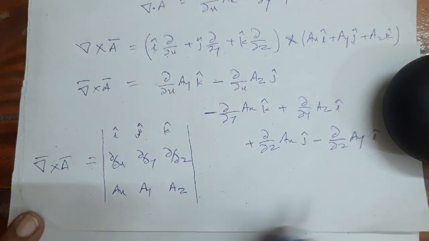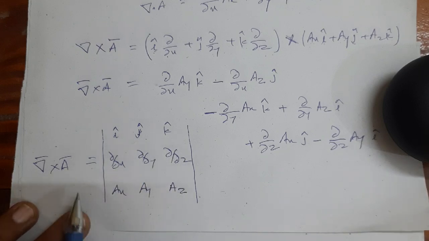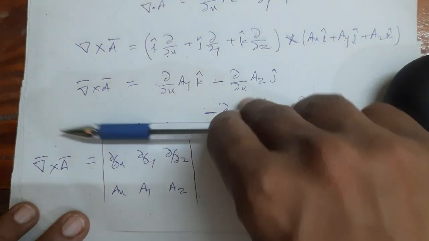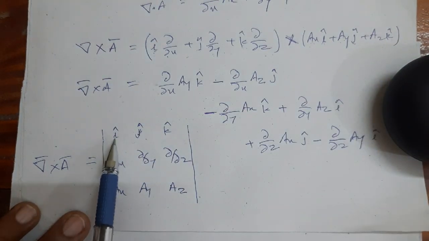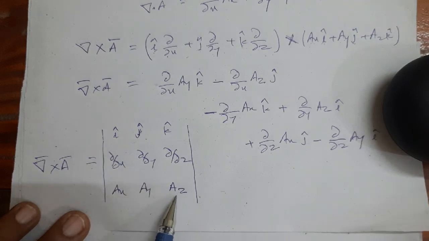Now as a homework you can check, because we are aware about how to simplify this determinant. I will have to hide the first column and the row, therefore this is common, and therefore the coefficient of i cap is ∂/∂y of az into i cap minus ∂/∂z of ay.